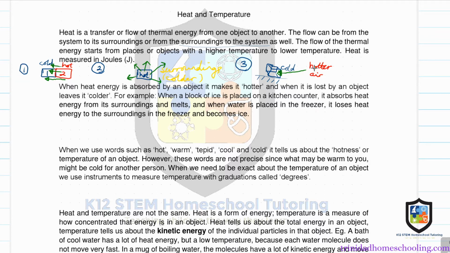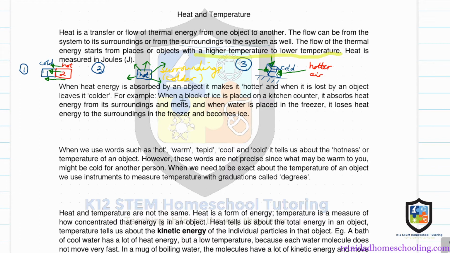Alright, so from your surroundings into the system. And what will happen here? Your ice will start to melt. Okay, so these are three scenarios: from one body to the next, one object to the next, from a system or body to the surroundings, and or from the surroundings to a system. Of course, the most important thing is it moves from a higher temperature to a lower temperature.